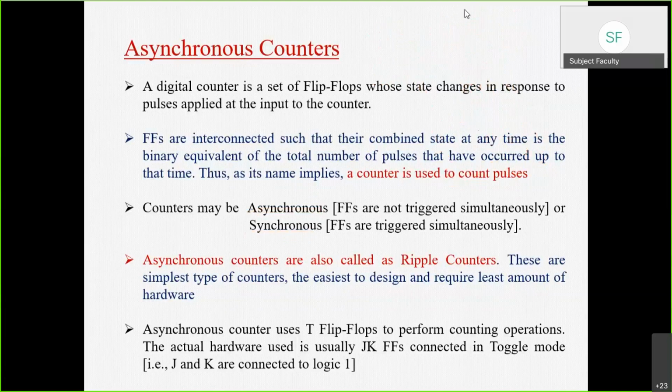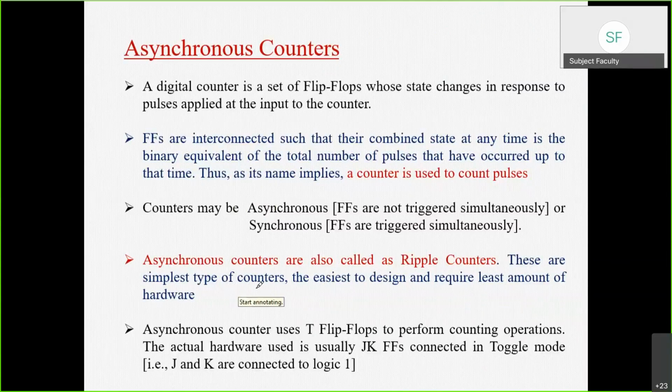Since our topic is the asynchronous counter, we will focus more on it. Asynchronous counters are also called ripple counters. Remember that. Many times in examinations they ask you to explain the working of a 4-bit ripple counter, which means you have to explain the working of a 4-bit asynchronous counter.